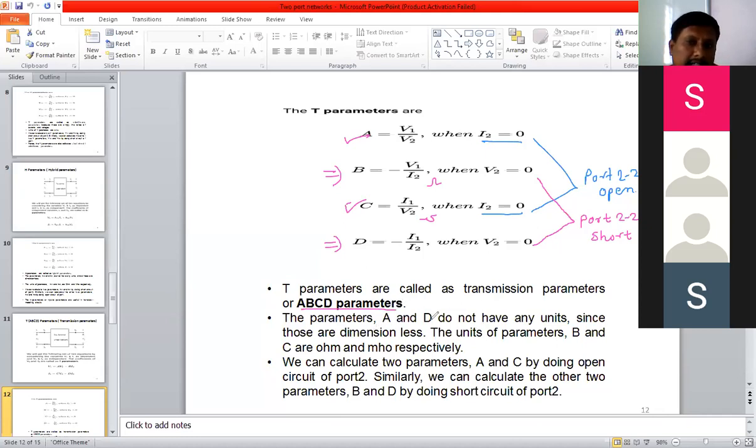The parameters A and D do not have any units, since they are unitless, dimensionless, whereas the units of B and C are ohm and mho respectively. We can calculate the two parameters A and C by doing the open circuit of port 2, as we have discussed here. Similarly, we can calculate the other two parameters B and D by doing the short circuit of port 2. So this is sufficient for today.